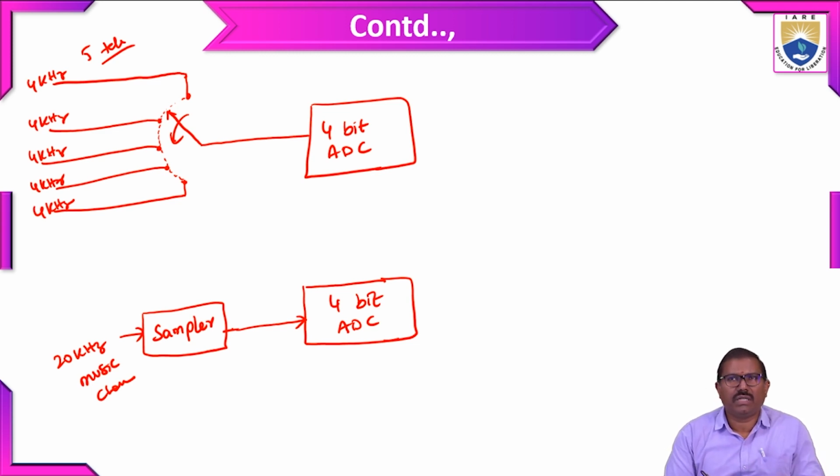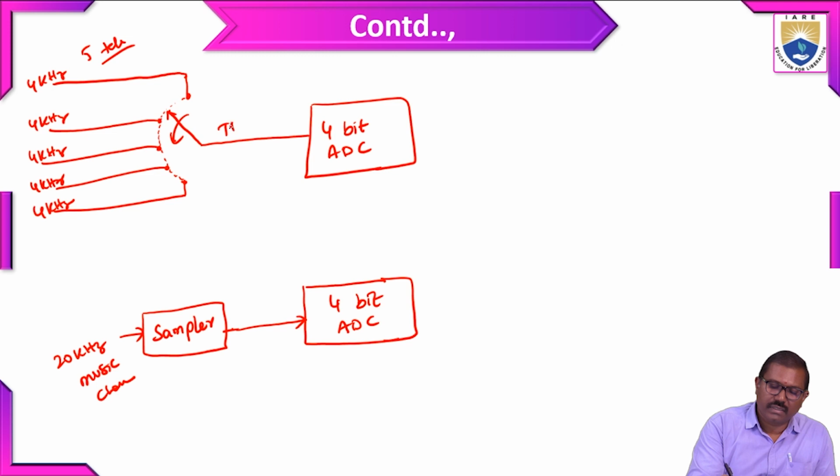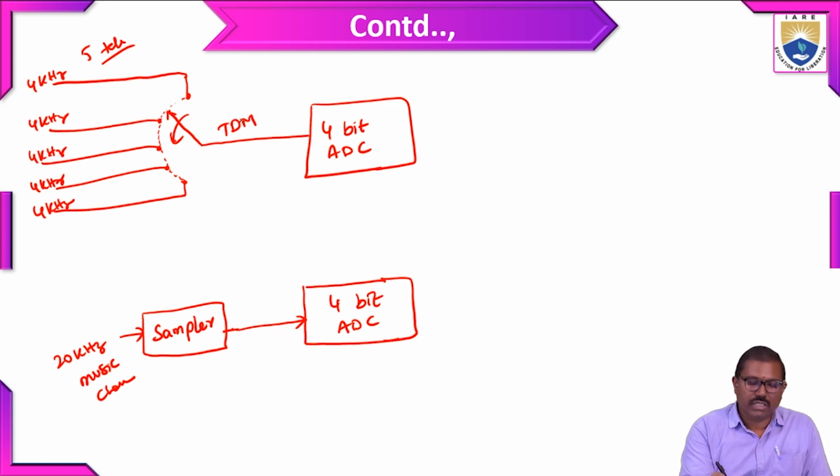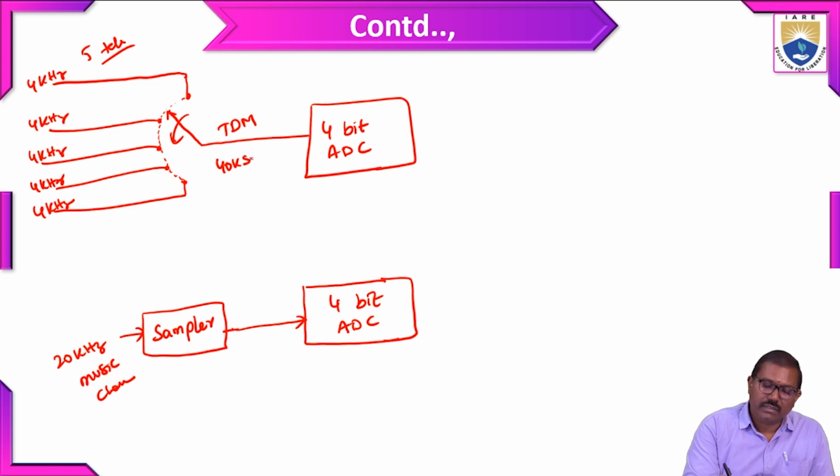So how to multiplex? First you convert into samples by using the sampling frequency or sampling rate, Fs equal to 2 Fm. Okay. So this is a TDM commutator which can be moved at a rate of 40k samples per second. Why?